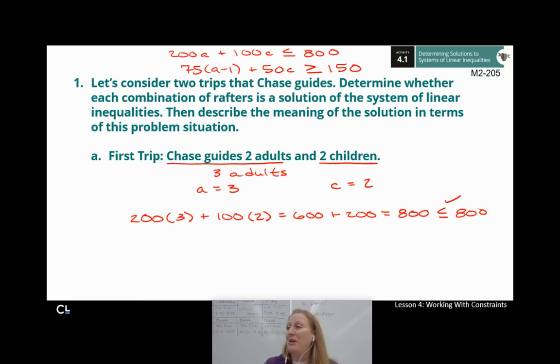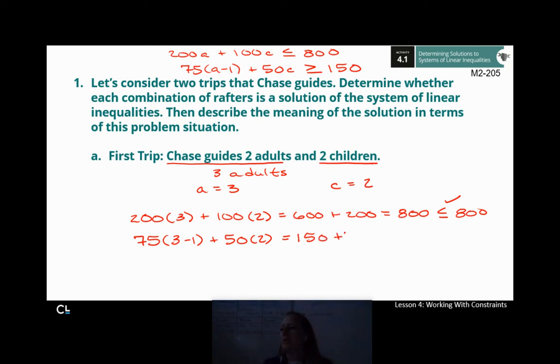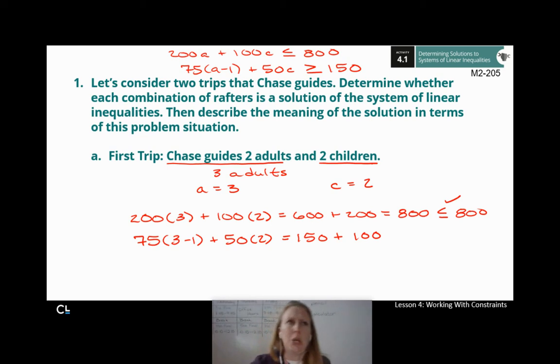Let's see if it makes them enough money. So for the money one, we said 75 times A minus 1, so 3 minus 1, plus 50 times 2 children. So we know 3 minus 1 is 2. If I double that, 75 times 2 is 150, plus 50 times 2, which is 100. The lights in here, kind of dark outside already.